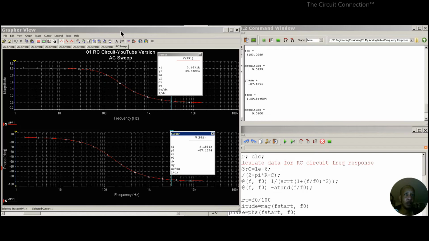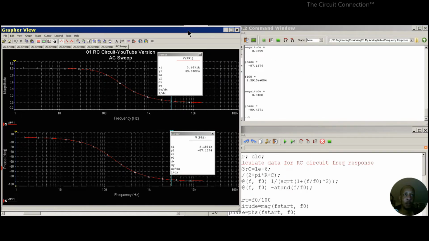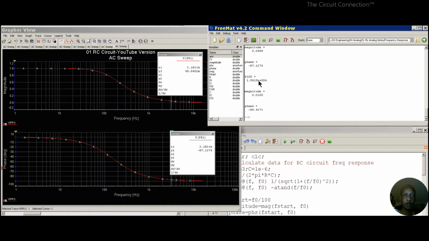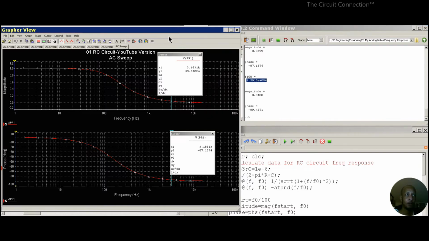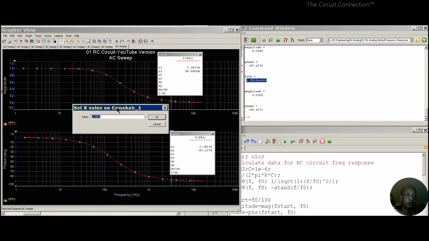Next, it's the last one we're going to do, F100. And F100 is at what? I'm going to copy this value that we're going to evaluate it at. Magnitude, set the X value.